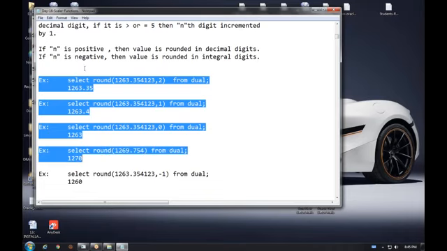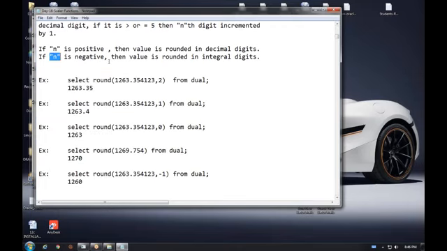How to round the integral part? If the n value is negative, then the m value is rounded in the integral part.